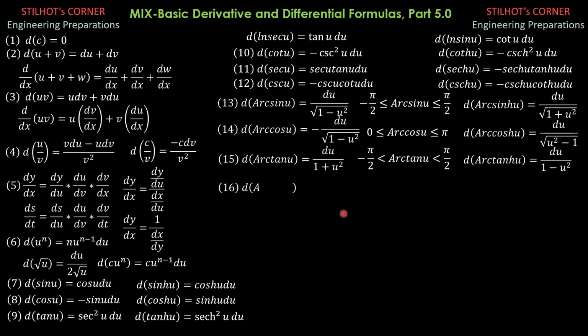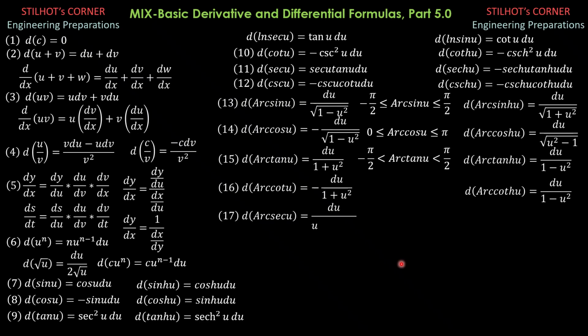The differential of arc cotangent of u is the negative of this, so negative du over 1 plus u square, while the differential of arc cotangent hyperbolic of u is du over 1 minus u square. It's the same. Differential of arc secant of u is du over u square root of quantity u square minus 1, and the differential of arc secant hyperbolic of u is negative du over u square root of 1 minus u square.